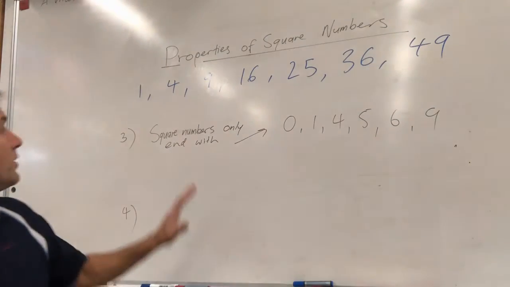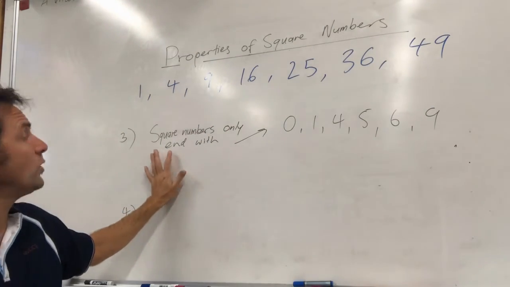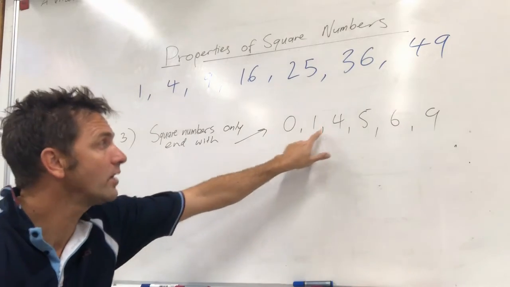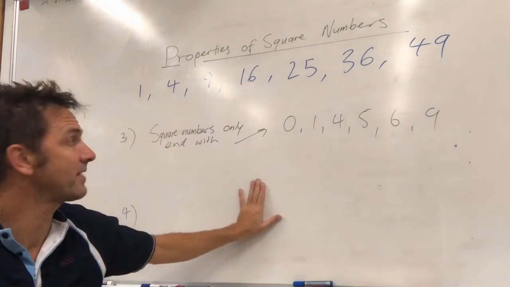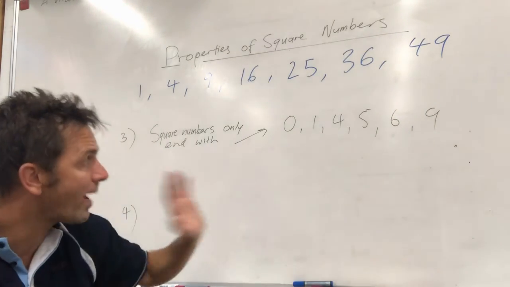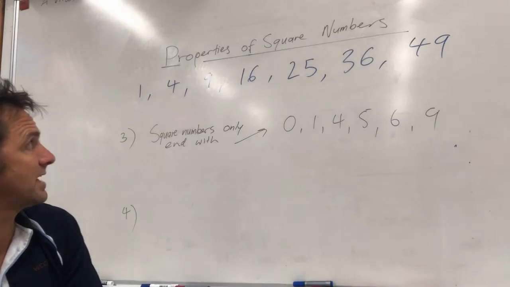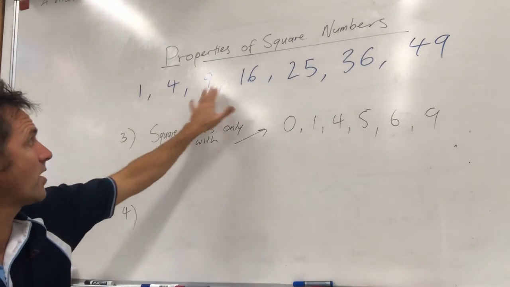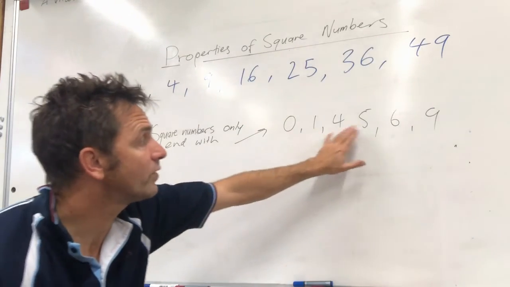Okay, our third property. Square numbers only end with 0, 1, 4, 5, 6 and 9. You'll never find a square number that ends with 7. You'll never find a square number that ends with 8. They will always only end with 0, 1, 4, 5, 6 and 9. That sort of does make sense, doesn't it? 1, 4, 9, 16. Why do they only end with 0, 1, 4, 5, 6 and 9?